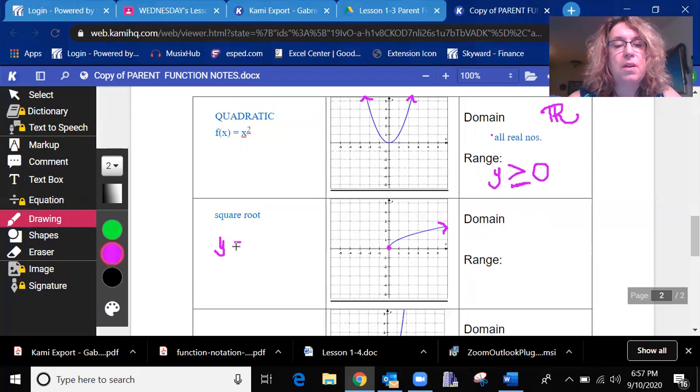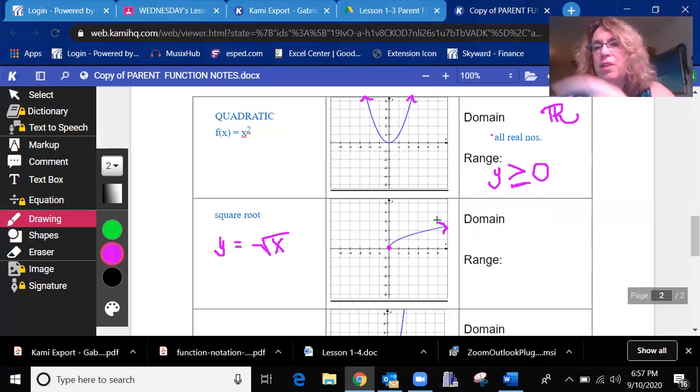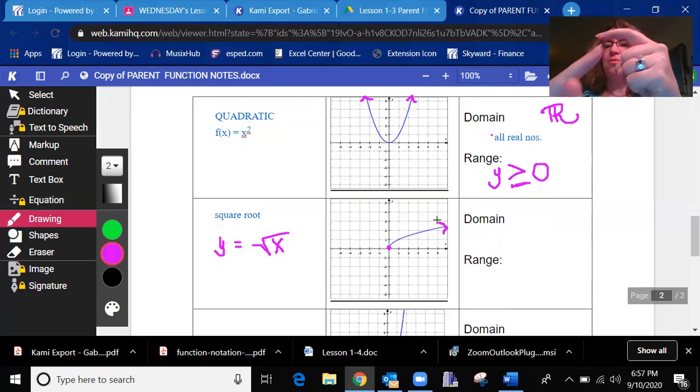I'm going to say y equals the square root of x. So when you see x inside of this symbol, the graph should be this kind of crooked finger. This is the one, where's the camera? There. I call it crooked fingers. So it starts and then it goes forever in one direction.